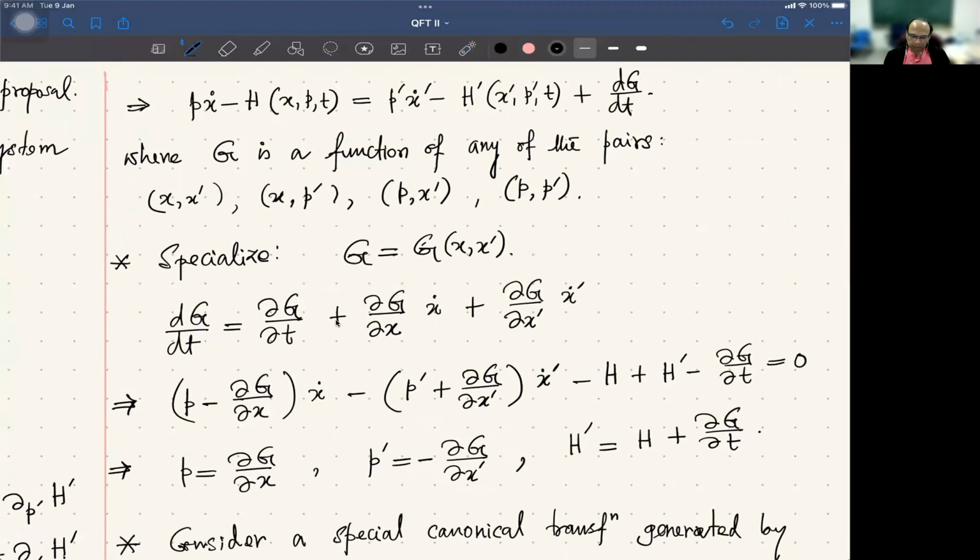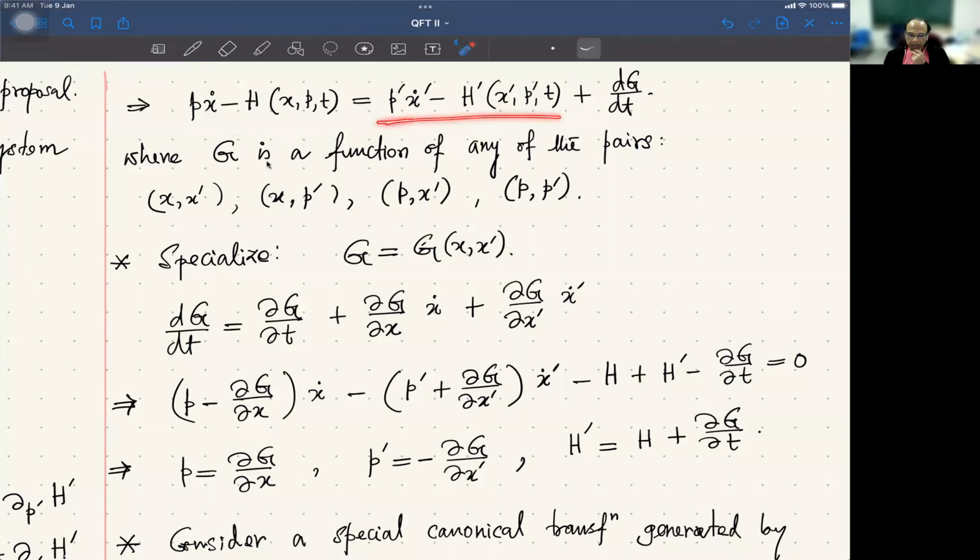Number 3 is this equation where, on the right hand side, you have dS dt, h prime is 0, and x dot prime is also 0, because by construction x prime is a constant of motion.